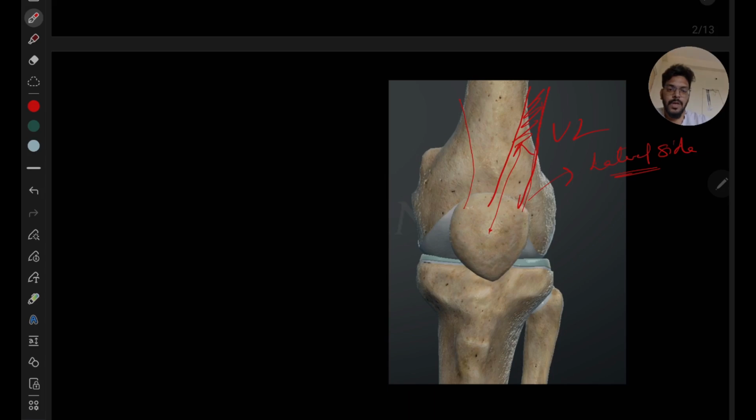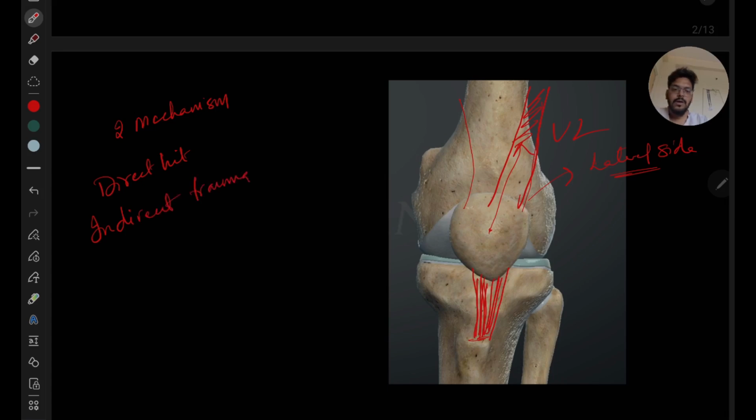Okay, but the resistance is offered by the patellar ligament. Okay, so in the mechanism of trauma, there are two types of mechanisms for the patella to get fractured. One is the direct hit and the other is indirect trauma.